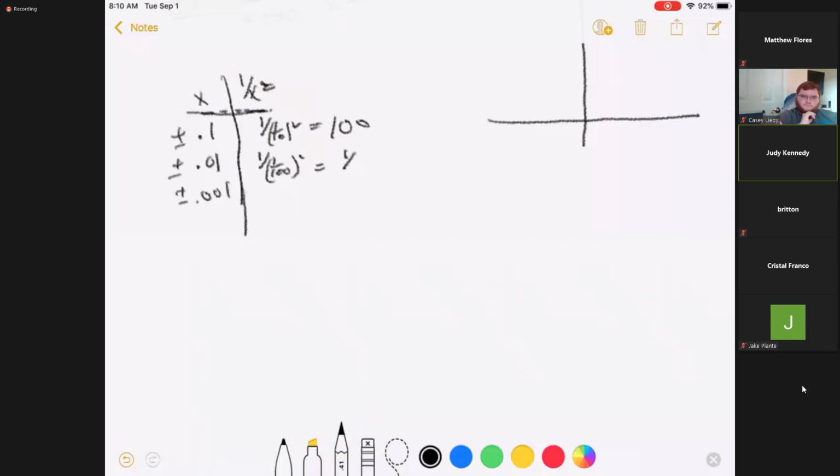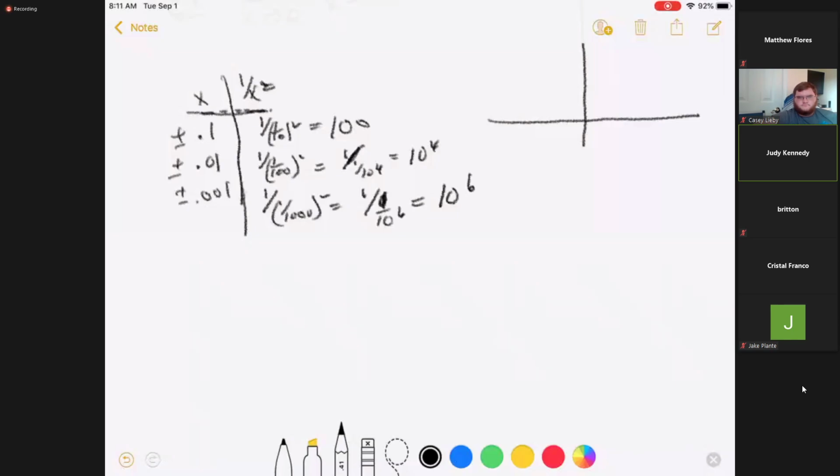That's 1 over 10 to the 4th, which is 10 to the 4th, and so forth. If I take 0.001, that's 1 over 1/1,000 squared. That's 1 over 10 to the 6th, which is equal to 10 to the 6th. And you can see these numbers are getting big pretty fast as I come into 0, okay?